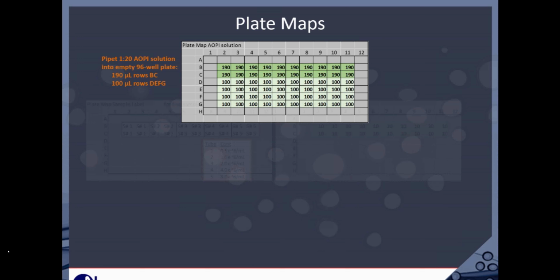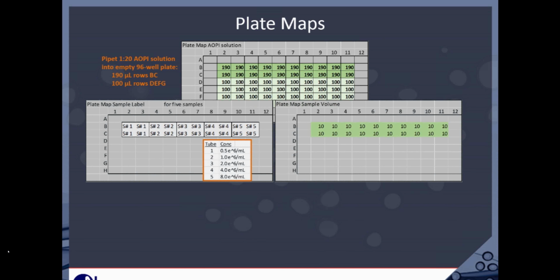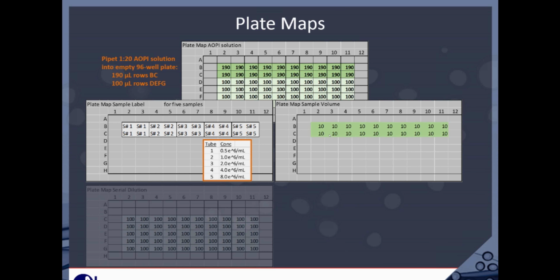Then you can see where the samples that you've created in the small tubes, that 200 microliter volume in those tubes, you're going to put 10 microliters for each sample into the following wells according to this plate map. So you can see sample 1 goes into B2 and 3 and C2 and 3, and then sample 2 is in this group, sample 3 is in this group, 4 is in this group, and 5 is in this group. And it's just 10 microliters per well. And this is what you would imagine your unknown samples would be plated at.